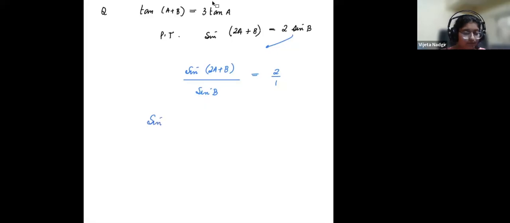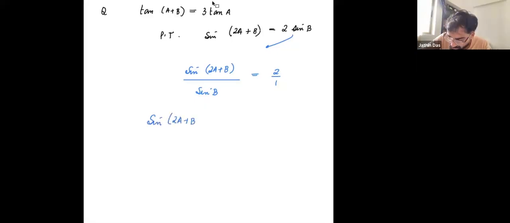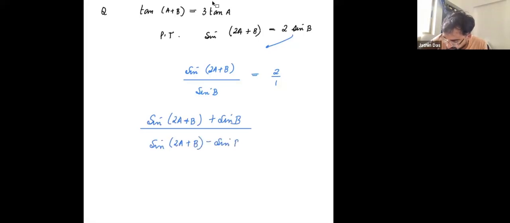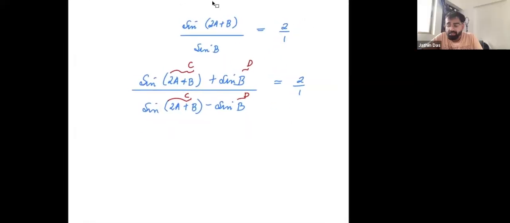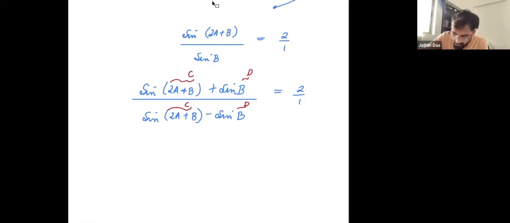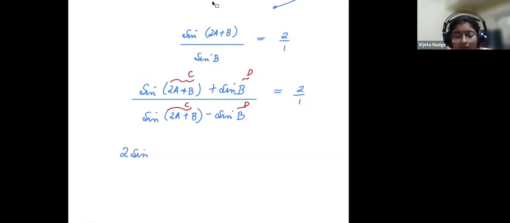So that's why I taught you the formulas now. sine(2a plus b) plus sine b divided by sine(2a plus b) minus sine b is equal to 2 by 1. So this is like sine c plus sine d. Remember? So what was sine c plus sine d? 2 sine (c plus d)/2 cos (c minus d)/2. Now you should get the hang of it.